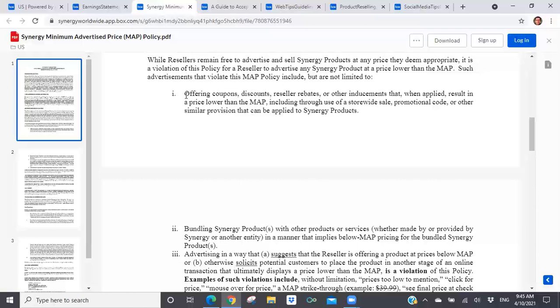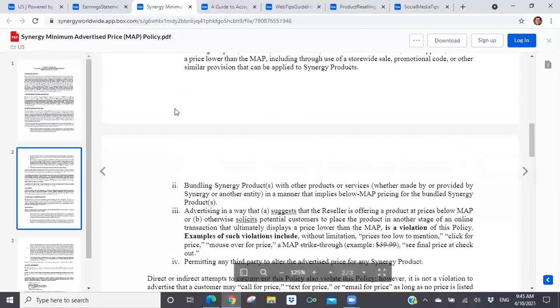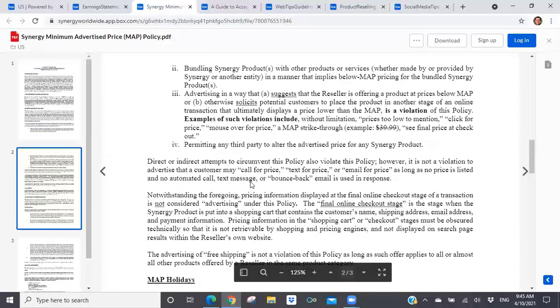So you could do something like that. If you're planning to go down that road, I would still check with compliance just to make sure. But I don't see anything in what I've read so far that would stop you from doing that, because that would be similar to the call for price, text for price, or email for price.